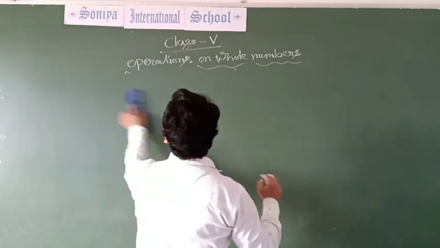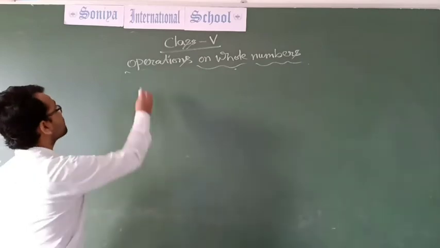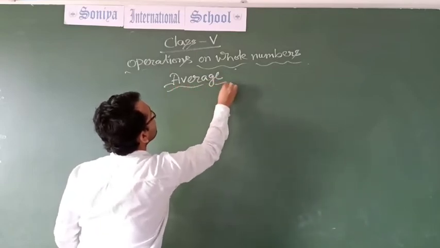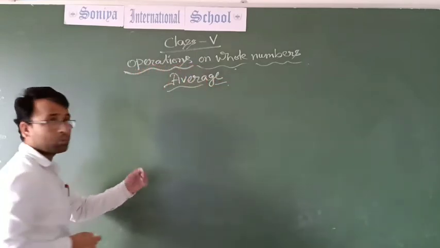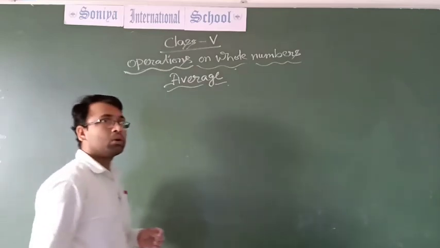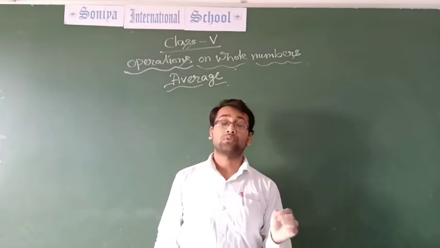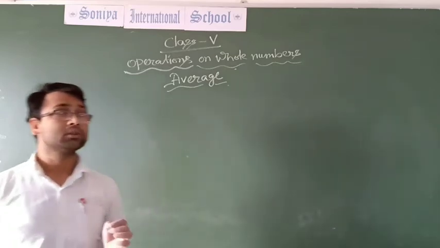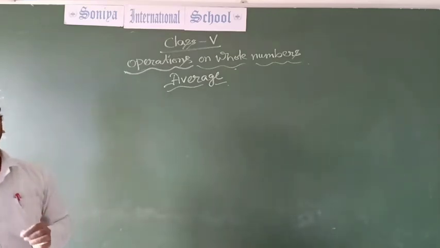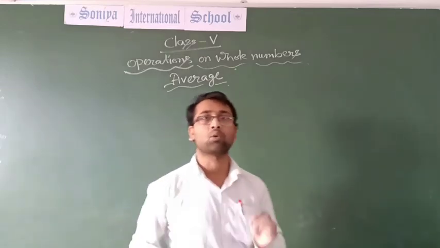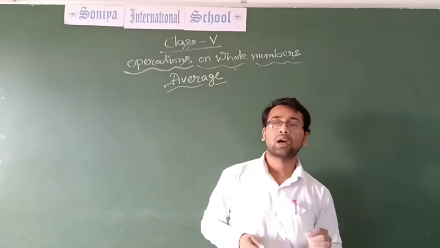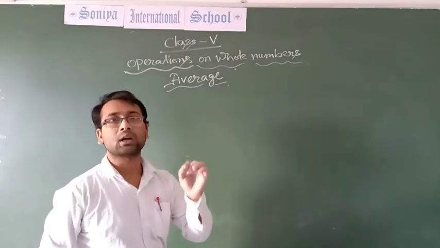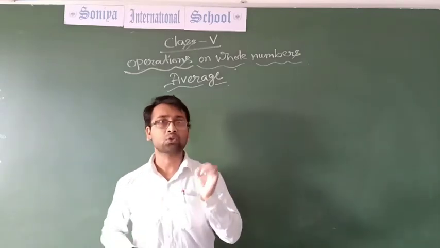Next topic is average. What is average? Average means the sum of all quantities divided by the number of quantities. The sum of all quantities divided by the total number of quantities is called average.